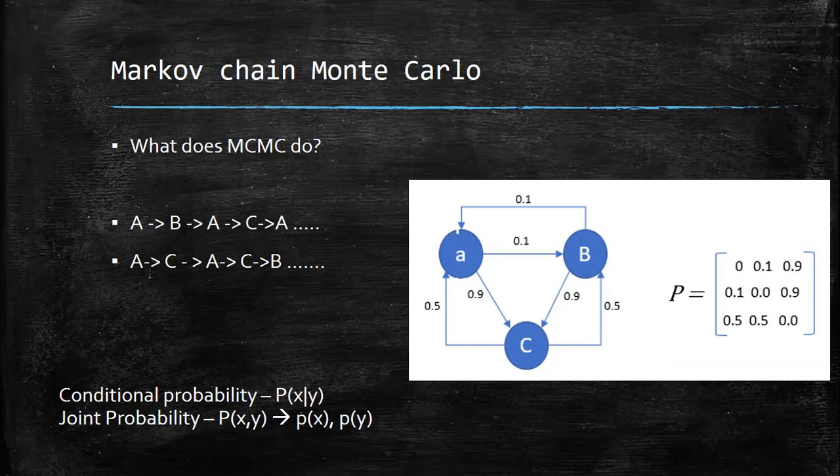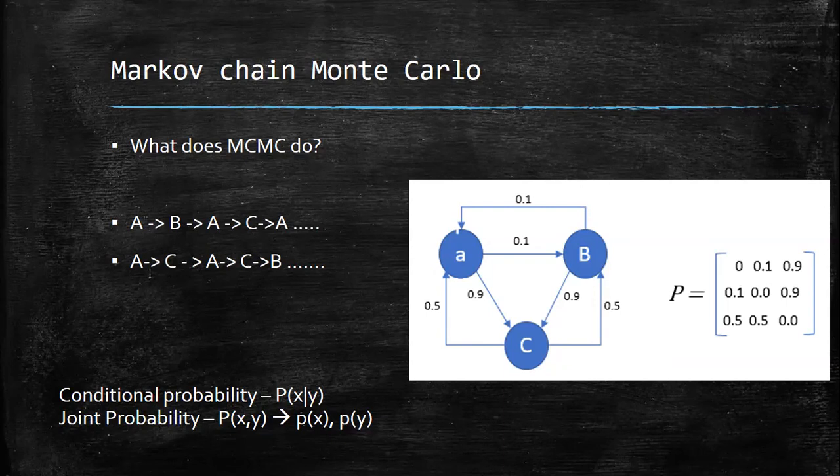The joint PDF, P of X comma Y, gives the most complete set of information about these variables, since if you have P of X comma Y, you can also get P of X and P of Y. Imagine a two-dimensional Gaussian: the projection on the x-axis would be P of X, and the projection on the y-axis would be P of Y. So we are using these chains by sampling to arrive at a joint PDF, which gives us the most complete sense of these variables and their state relations.